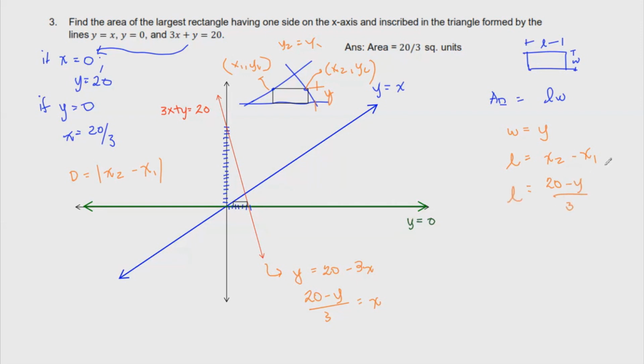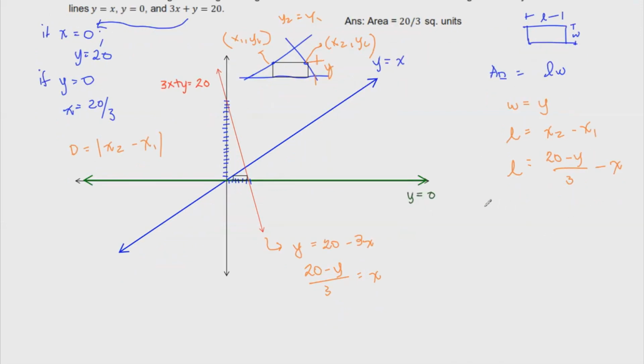And then for our x sub 1, we know that y is equal to x. So for every x, there's just an equivalent y. So if you have a y value here, we know for sure that the value for that is x. So that's just minus x. And now we can express this in terms of the area of the rectangle.